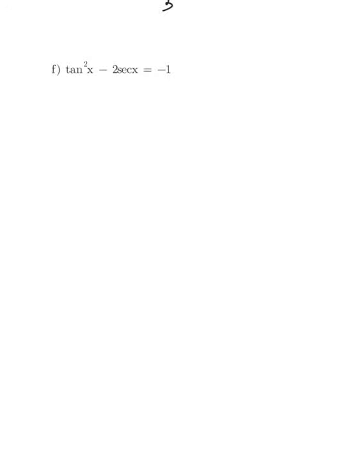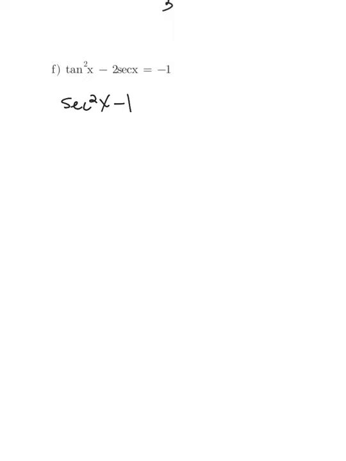So you take the function that's squared and replace it with what it's equal to from the Pythagorean identity. So we are going to replace tangent squared with secant squared x minus 1.